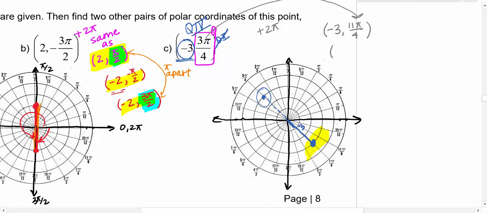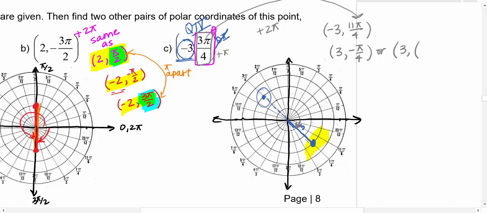And then for the positive r value, if I just go there and stop with that opposite business, if I just do a positive r value, I can take a look at what is that angle to get there. So that is just that negative pi over 4 that we talked about, or, like I said, if you have this 3 pi over 4 already, you can just add pi, because you know the opposite segment will always be pi apart.